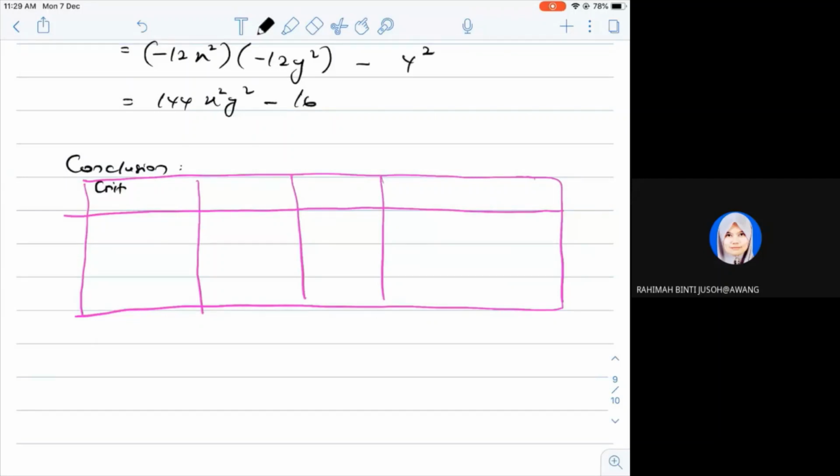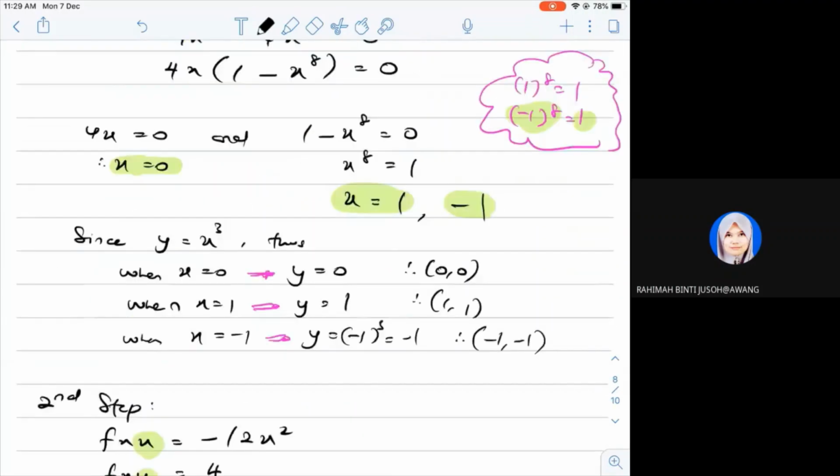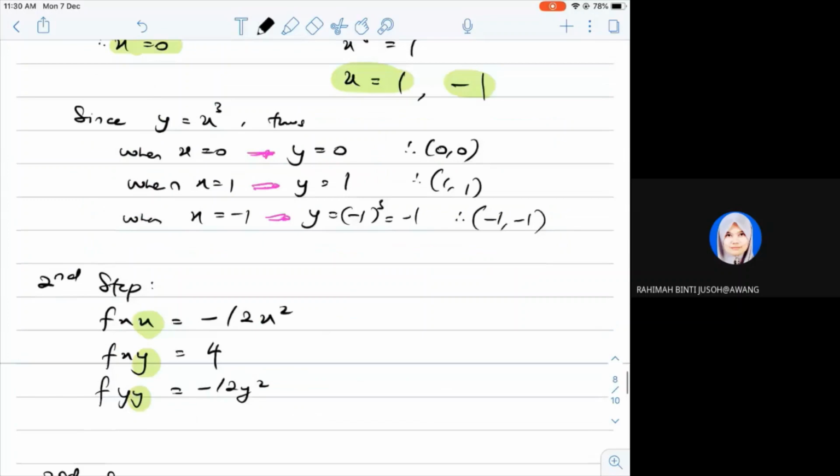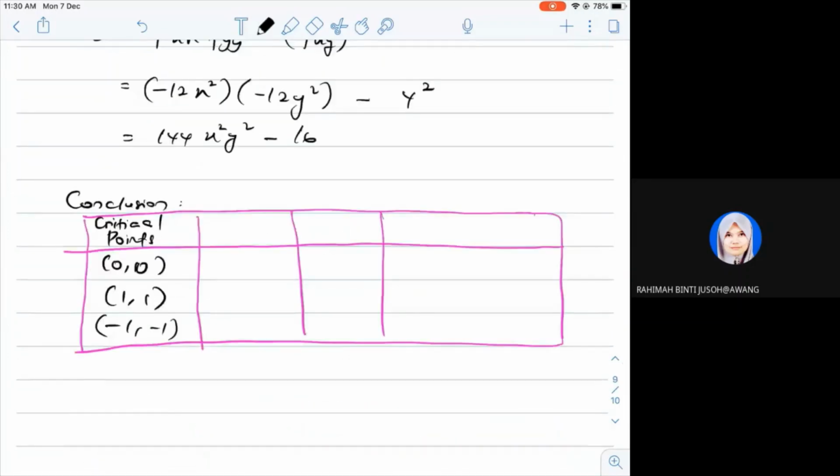Take out your calculator. Okay, the first column is critical points. So kita ada 3 tadi critical points kan? 0, 0, 1, 1 and negative 1, negative 1. So second column should be the values of D, third column is the value of fxx, and then the last column should be the conclusion.